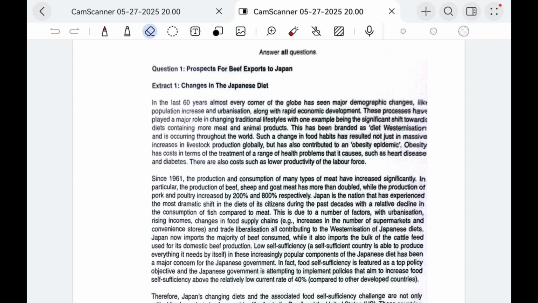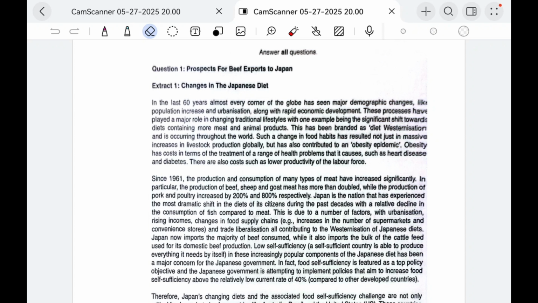So changes in the Japanese diet would come from the consumer side, because changes in diet seems to imply that this is a demand. Demand comes from a consumer demand concept. So perhaps this may point us that this is likely a micro predominant case, because this talks about demand factors.